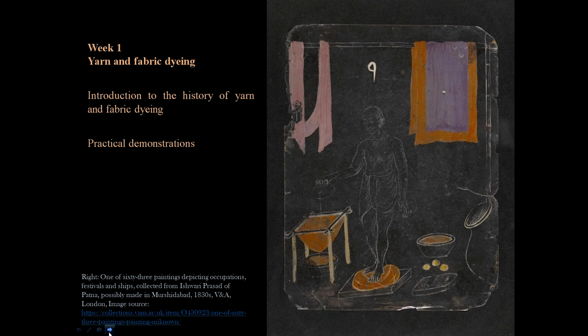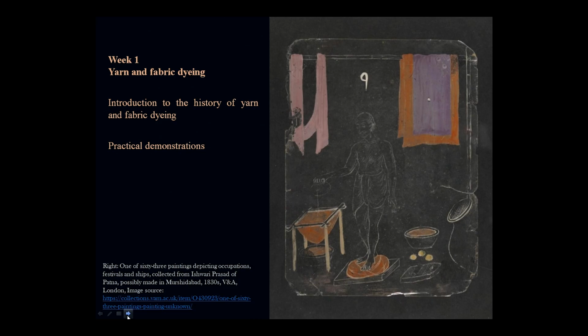So, this particular painting, made in the 1830s, gives us a sense of some of the basic components of a dyer's workshop. The dyer is seen almost at the center of the image, sieving the color.